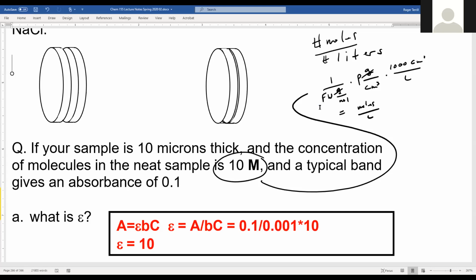So, for example, for water, we have 1 mole over 18 grams, right?